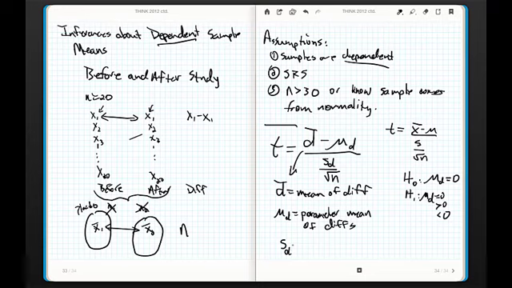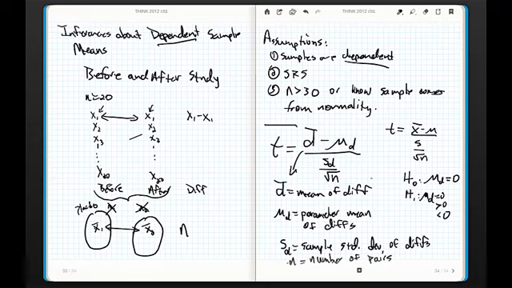This s sub D is the sample or the statistic standard deviation of differences, and n equals the number of pairs. That's why we can often claim dependence when we pair stuff up.